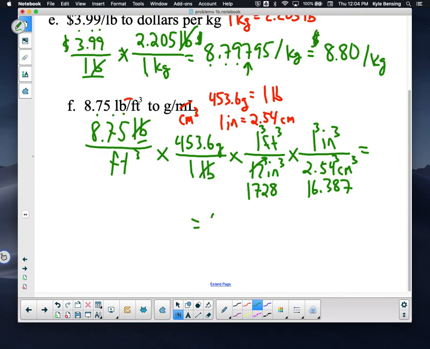I get a number of 0.14016, and I round off 1, 2, 3 places. Is that 5 or higher? It is not, so that can go away. And my answer then is 0.140 grams per cubic centimeter. And that's it for problem 48.